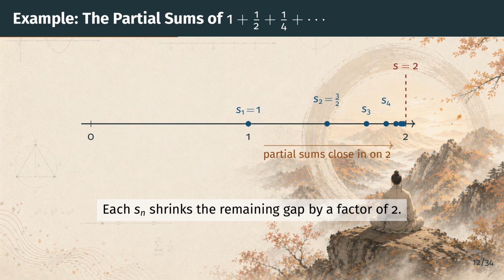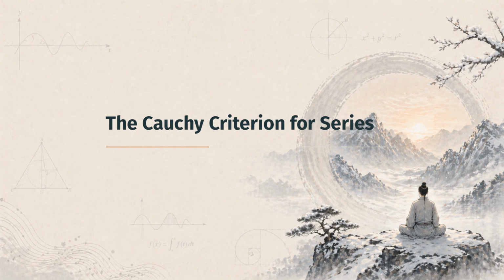The partial sums march steadily to the right, but never overshoot, closing in on 2. Since this sequence of partial sums converges to 2, Definition 3.21 says that the series converges and that its sum is 2. The infinite sum is meaningful exactly because the sequence of finite sums has a limit.